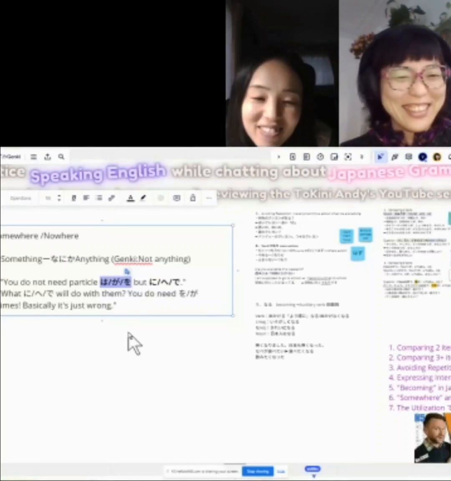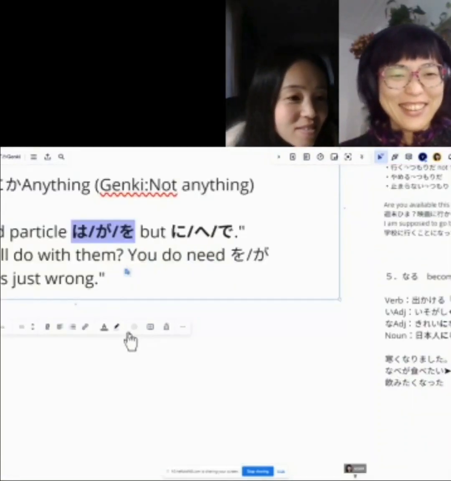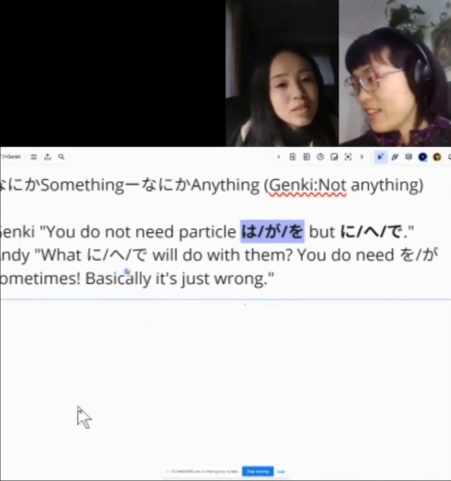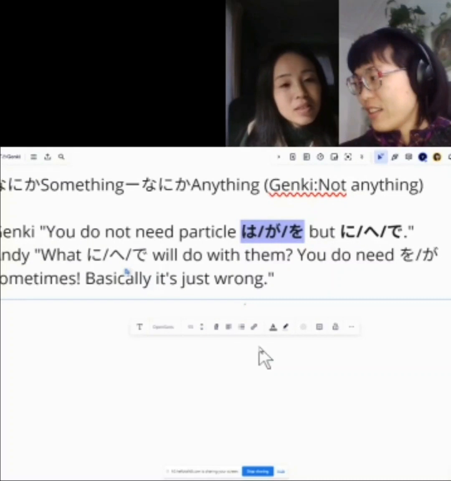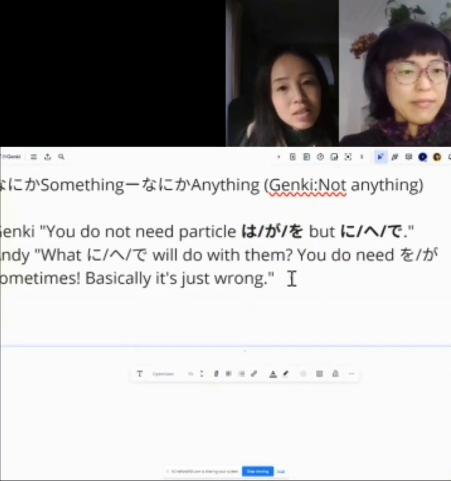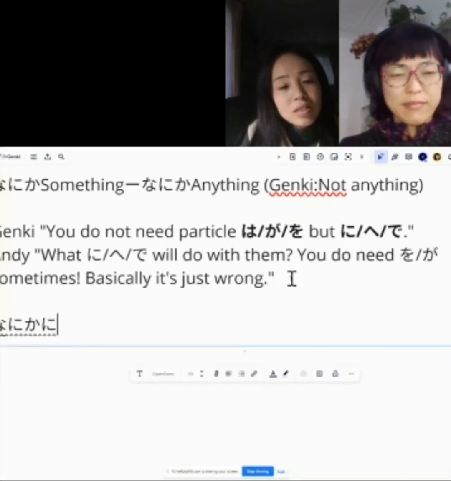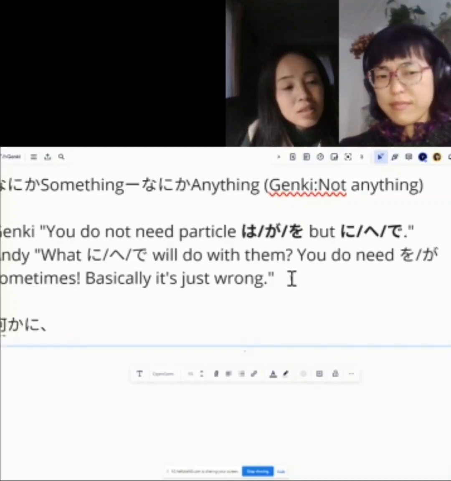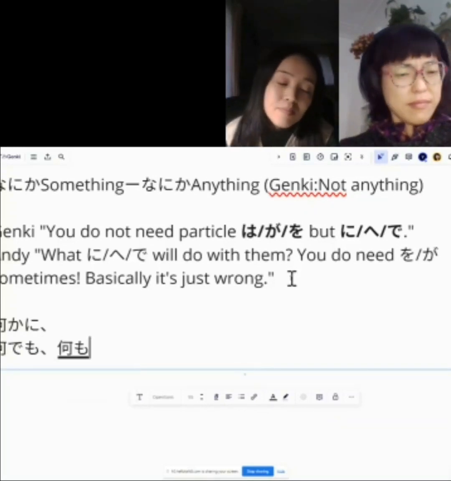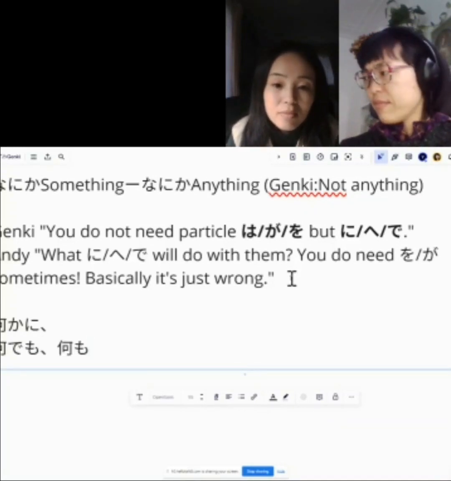Well, you should probably cross this one out too, because it's not going to treat you well. Depending on the particle that you put in those spaces, the meaning will change a little bit. So, for example, nanika ni, something. Nandemo means anything, but nanimo with a negative means nothing. So those two particle differences make a big difference.